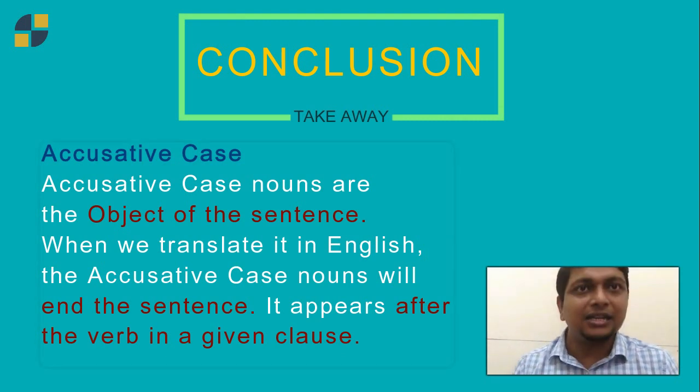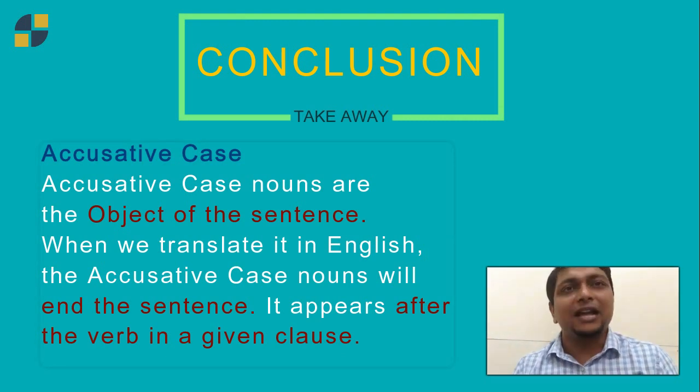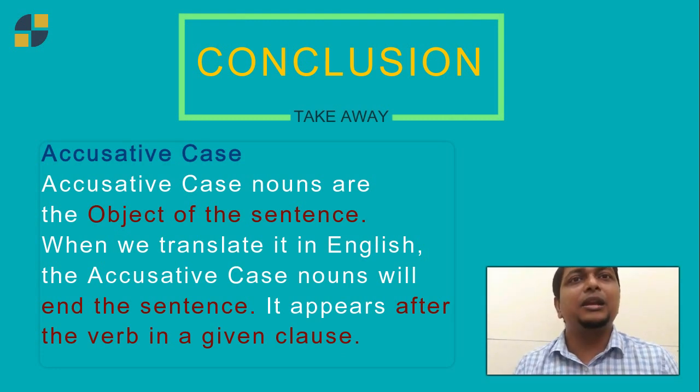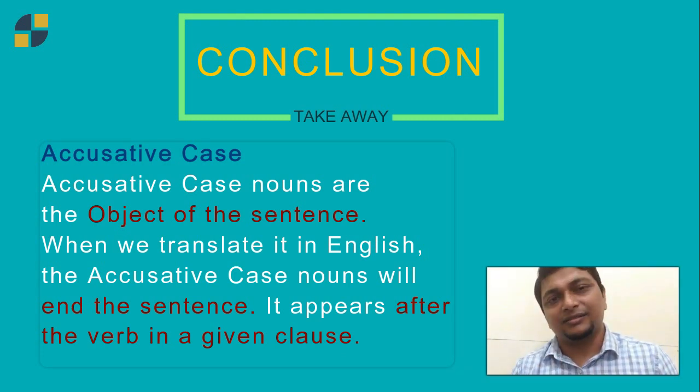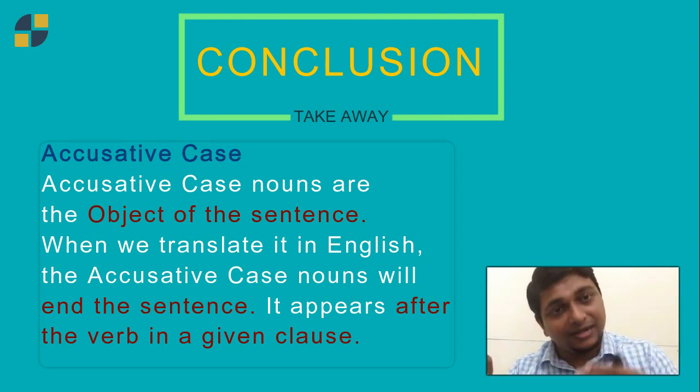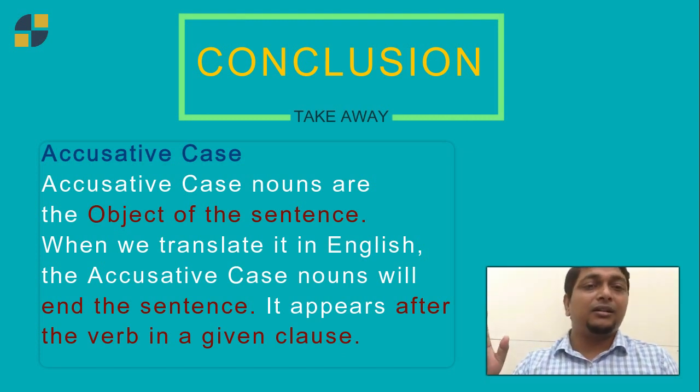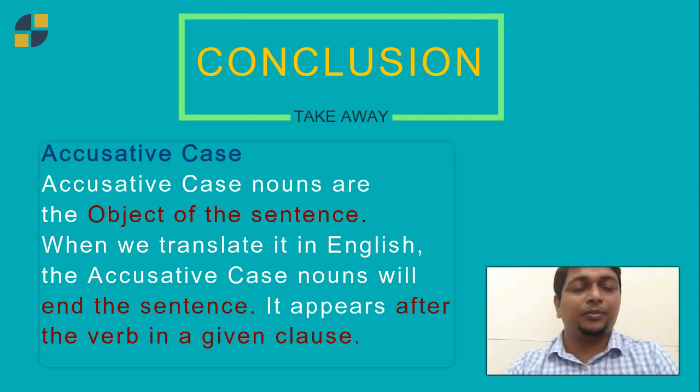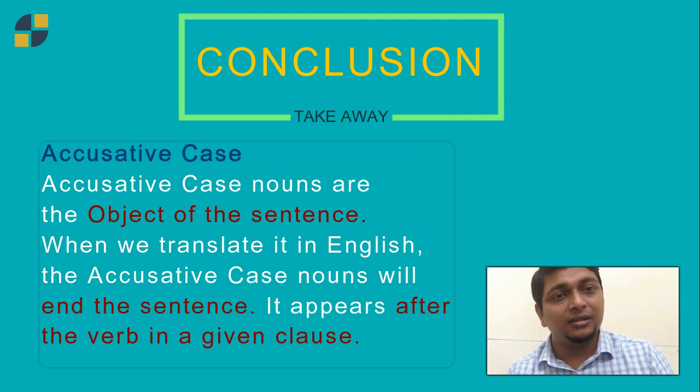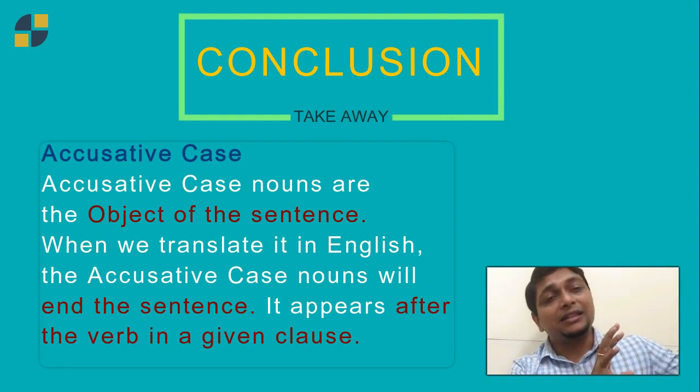When we translate it in English, the accusative case nouns will end the sentence. So you remember the chair example? It will end the sentence. You remember the brake van metaphor? The brake van is right at the end of the train.